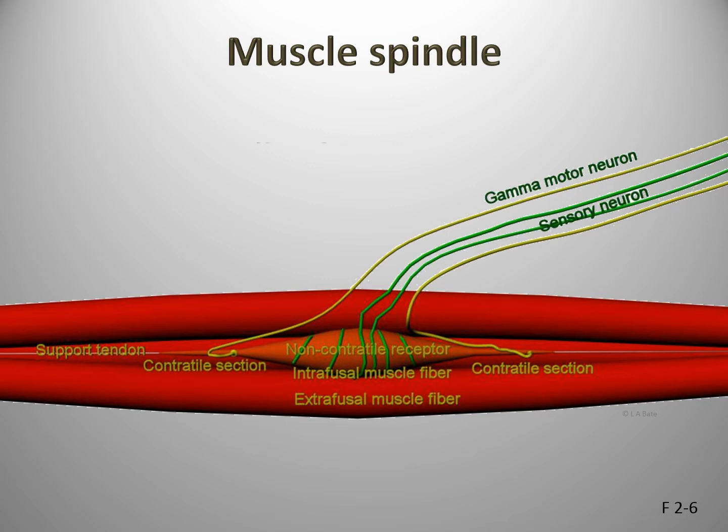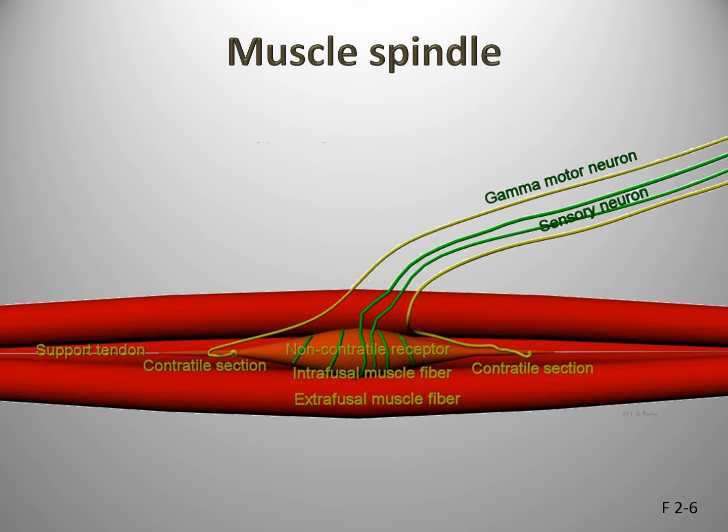The type 1A sensory fiber tracks the rate, or how fast the muscle is stretching. The type 2 sensory fiber detects the amount of stretching taking place. Type 2 fibers are non-adaptive, so they keep sending action potentials with the information of how much the muscle is stretched after the muscle has finished stretching, and it lasts until the stretching is reversed.